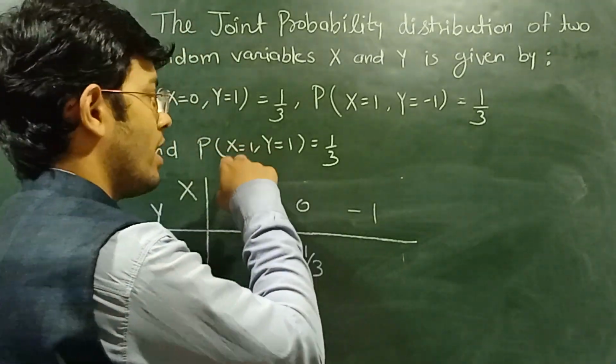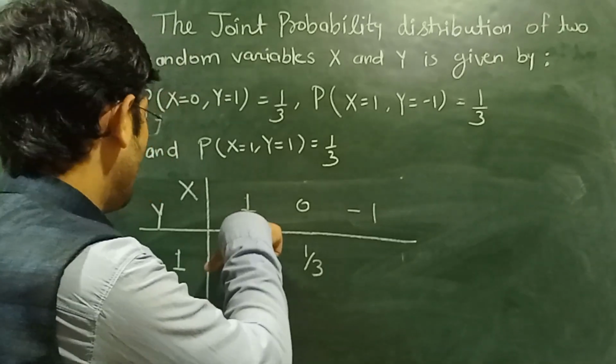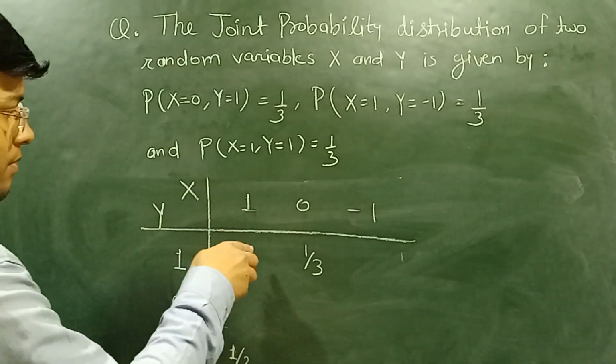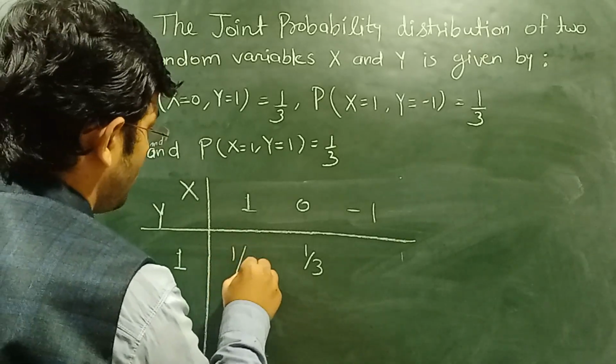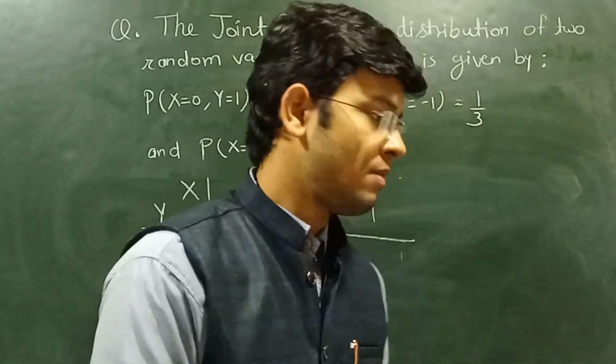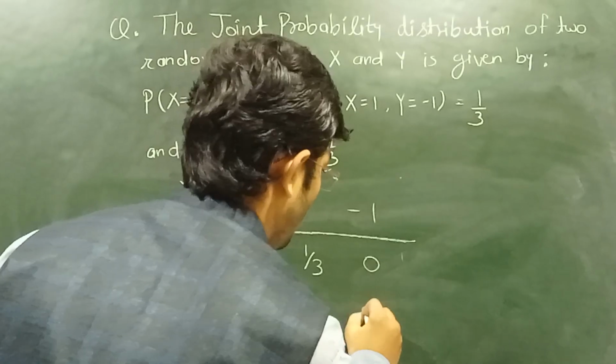And x equal to 1 and y equal to 1, here also we can write 1 by 3. Now the rest are all 0, so we write 0 in all the other places.